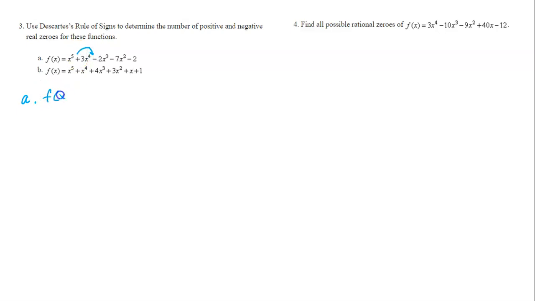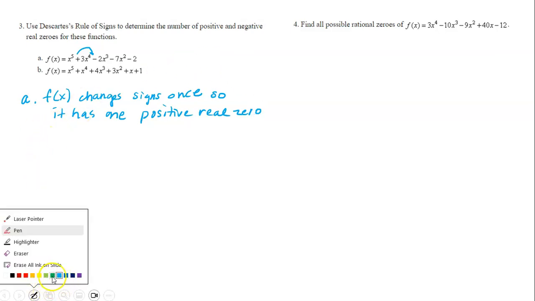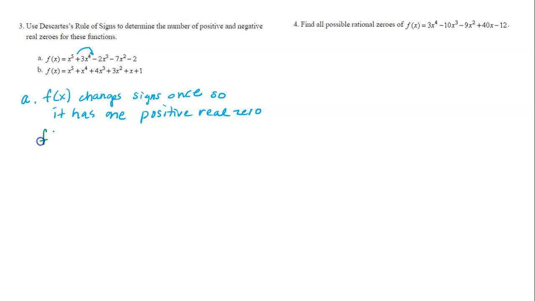So I know that f of x changes signs from positive to negative or negative to positive once, so it has one positive real zero. The other thing that we have to do is find f of negative x. So I'm going to plug negative x into every place there's x up here, and this is what I get.